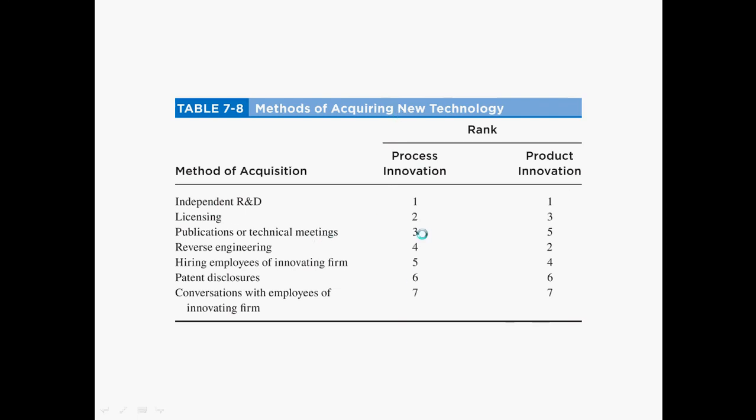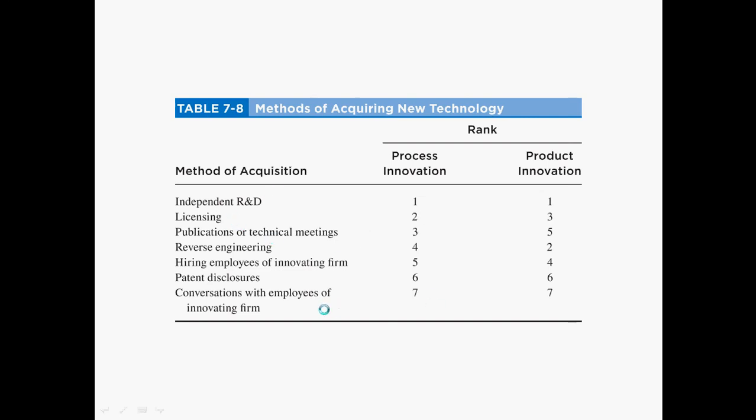Acquiring new technology. This is broken down into product innovation and process innovation. Independent R&D, and I don't remember what the data is on these firms, but they've got a rank order, and it's probably based on some kind of a survey. So 1, 2, 3, 4, 5, 6, 7. Independent R&D is 1.